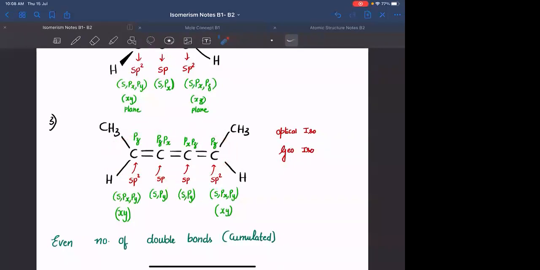I am taking this as px, py, so pz बचा, so इसके ऊपर भी pz बचा. If I am taking this as py, you can also take this as px, तभी भी आपको सेम ही आंसर आएगा. If I am taking this as py, इसके ऊपर px बचा. In order to form a pi bond with this, इसके ऊपर भी px ही होना चाहिए.